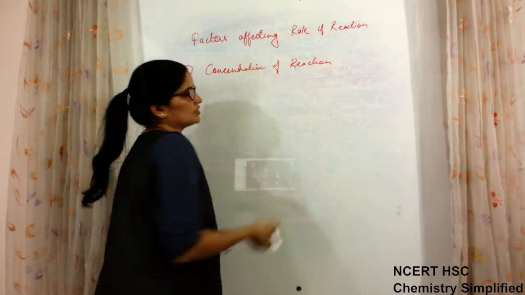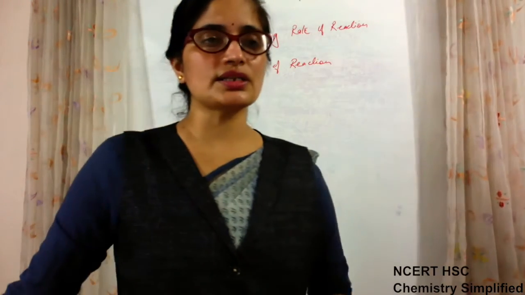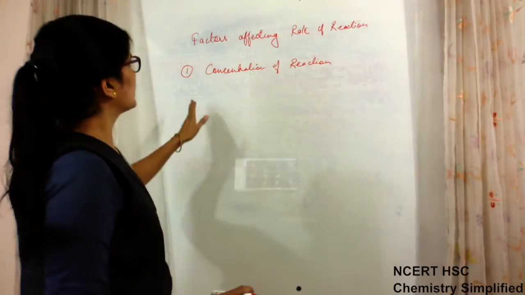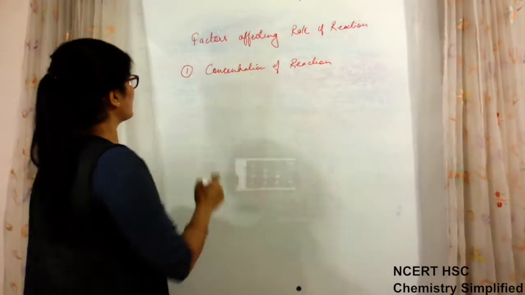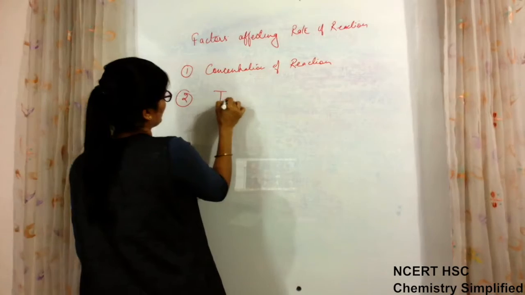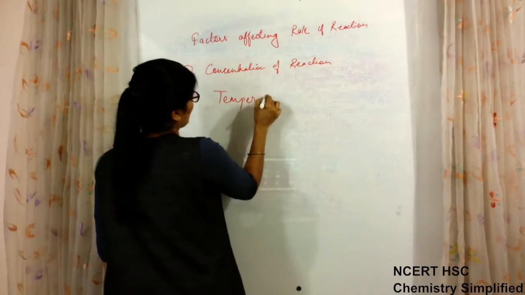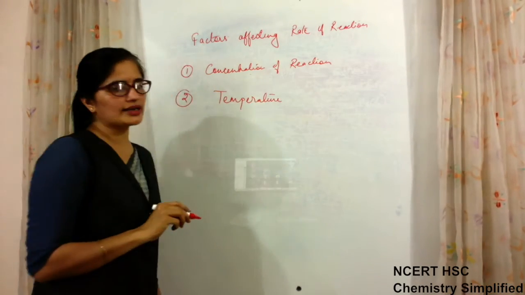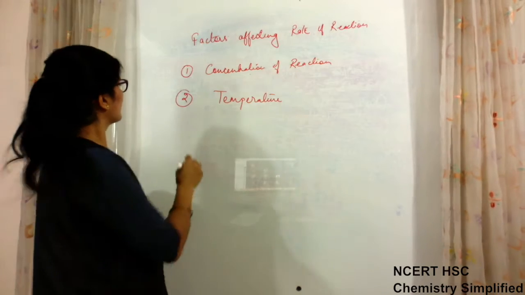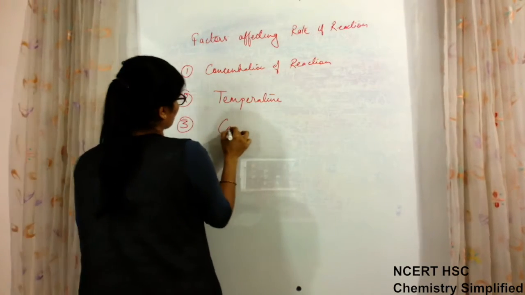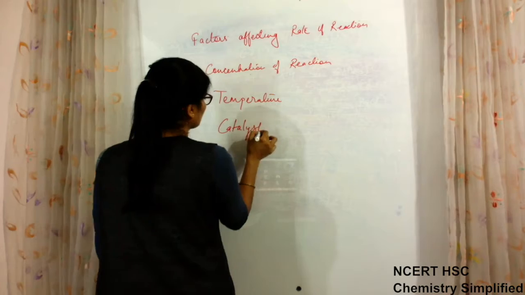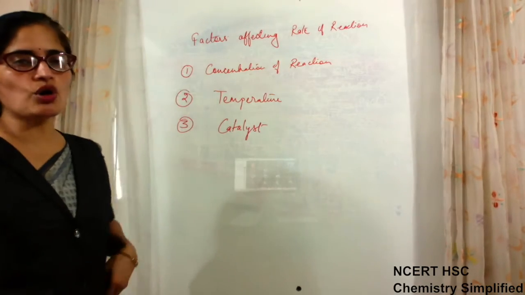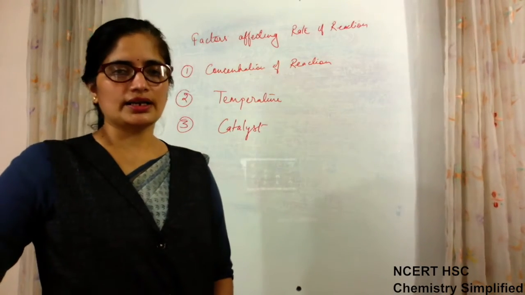Definitely product concentration will not have any effect, so concentration of reactants is affecting the rate of reaction. Second thing is temperature. Temperature of reaction also affects the rate of reaction. And third factor is catalyst. Presence of catalyst also affects the rate of reaction.